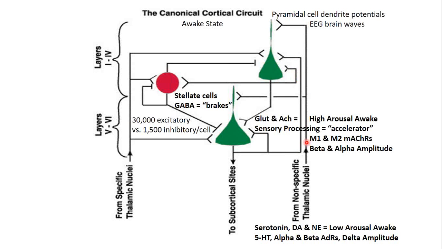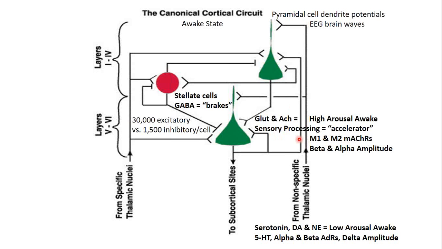And so if the pyramidal cell happens to have an M1 receptor, M stands for muscarinic because it's excited by acetylcholine plus muscarine, which is an extract of poison mushrooms, it's excitatory. But if it's an M2 receptor on that cell, it's inhibitory.